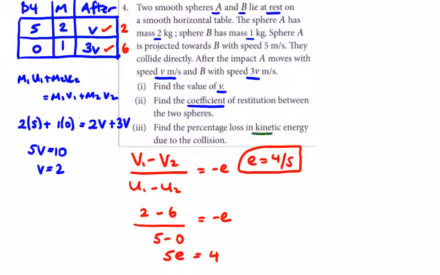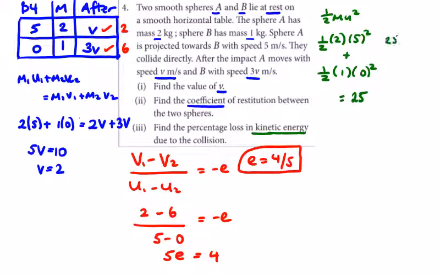And then part 3, percentage loss in kinetic energy again. So let's look at a half mu squared. So we've got a half times 2 times the 5 squared, and we have a half times 1 times the 0 squared. So that's just going to give us 25. We have a 25 and a 0.